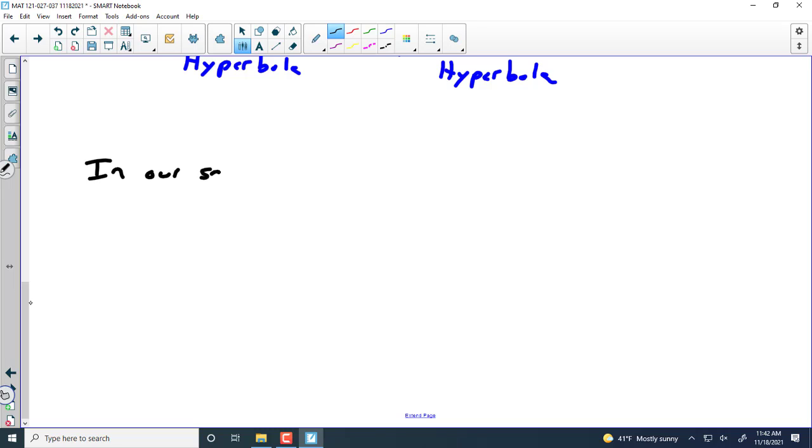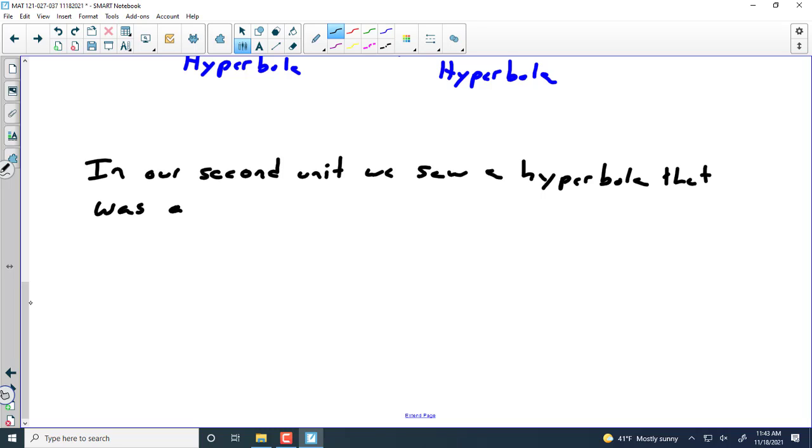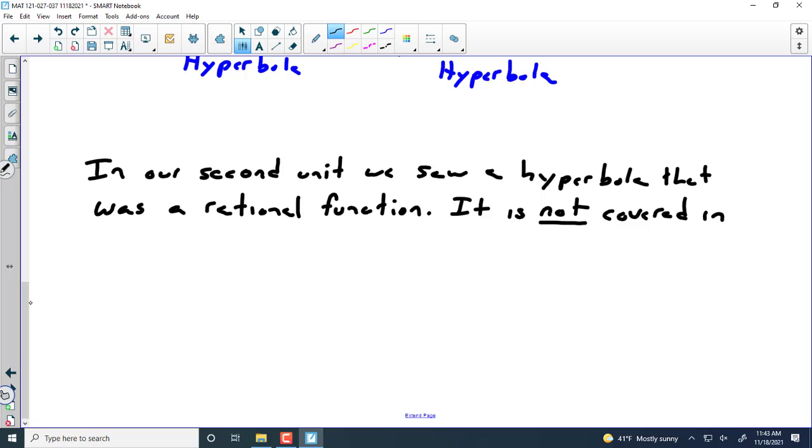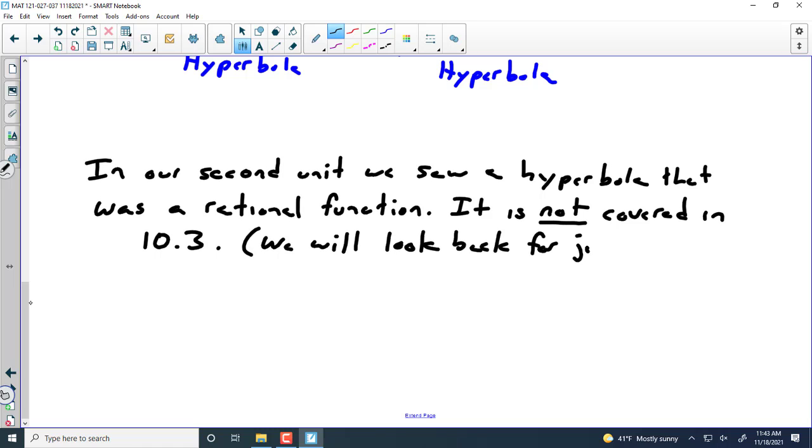In our second unit, we saw a hyperbola that was a rational function. It is not covered in 10.3. We will look back for just a moment.